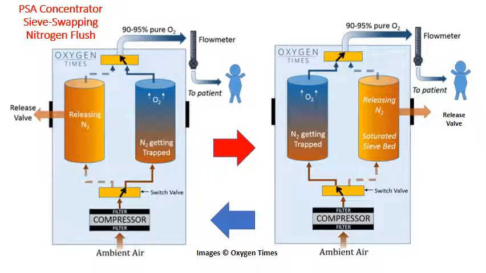Here we have 2 block diagrams showing the sieve swapping nitrogen flush sequence. If you look at the block diagram on the left, you'll see the left cylinder is saturated with nitrogen.